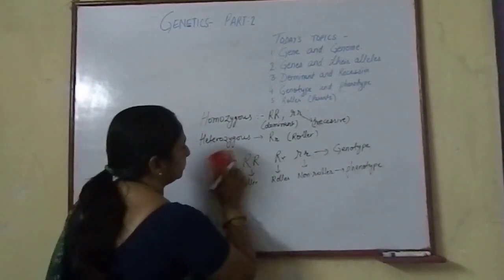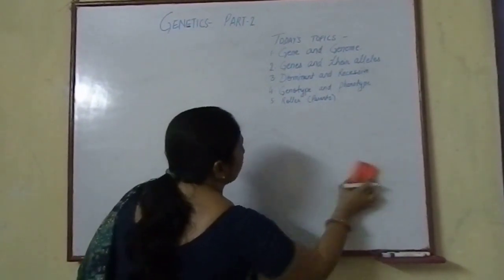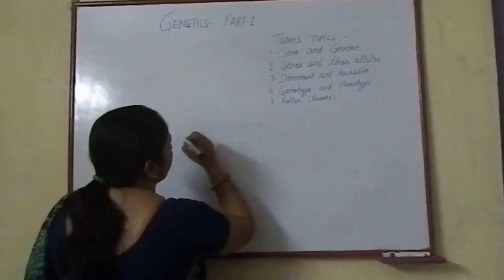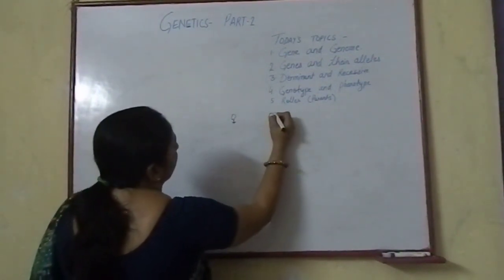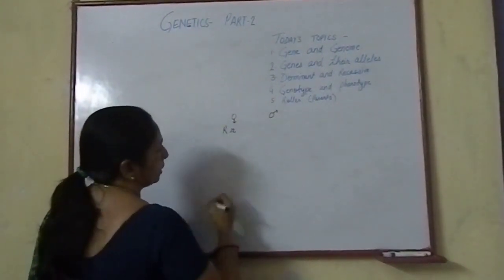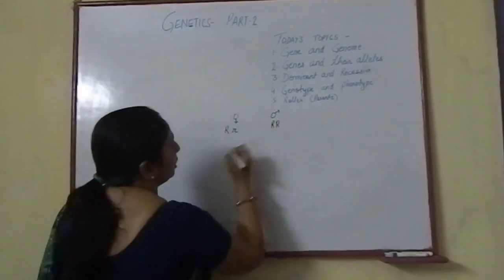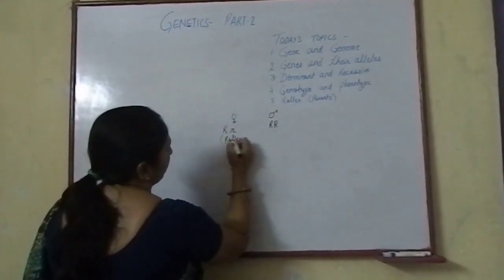Now we will make the Punnett square for rolling and non-rolling. For the case study we have discussed, I have already told you that one of the parents may be heterozygous. So we are taking the female as heterozygous and the male as homozygous, because both are roller tongue.